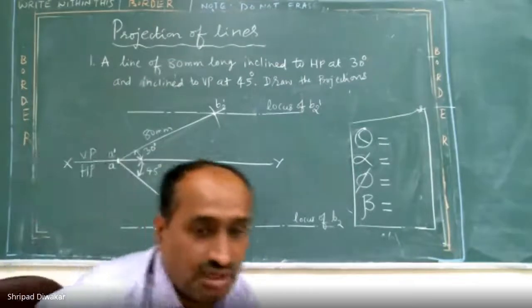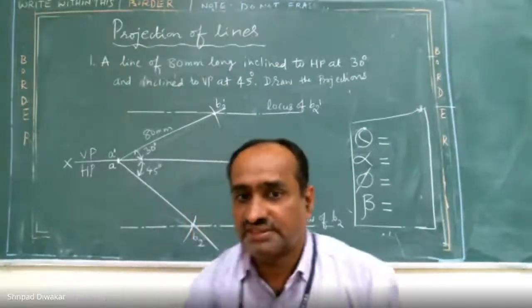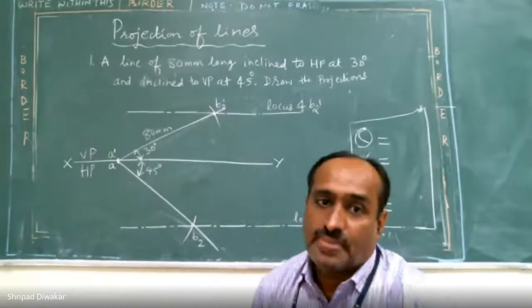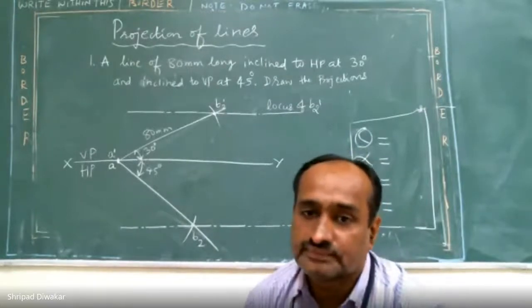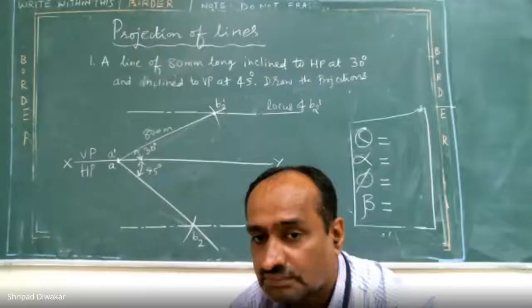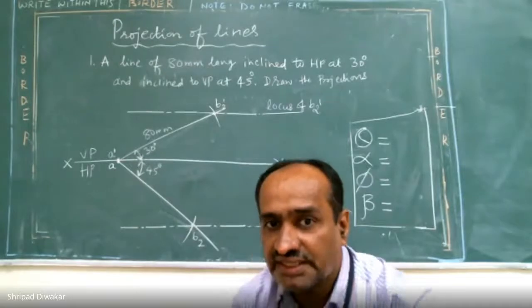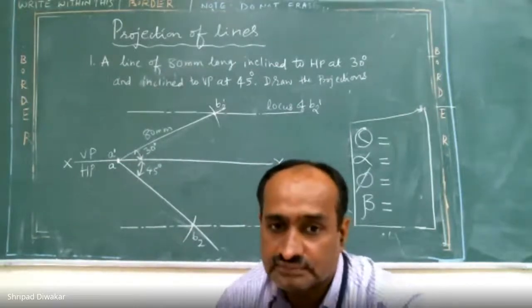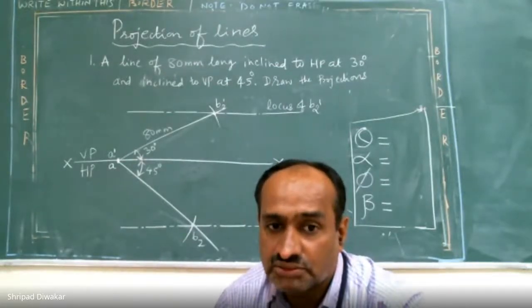Can you tell me how to start? Next, how to proceed with this problem? So we should take radius A dash B2 dash. No, before that you have to draw the vertical line, right? How to draw the vertical line?